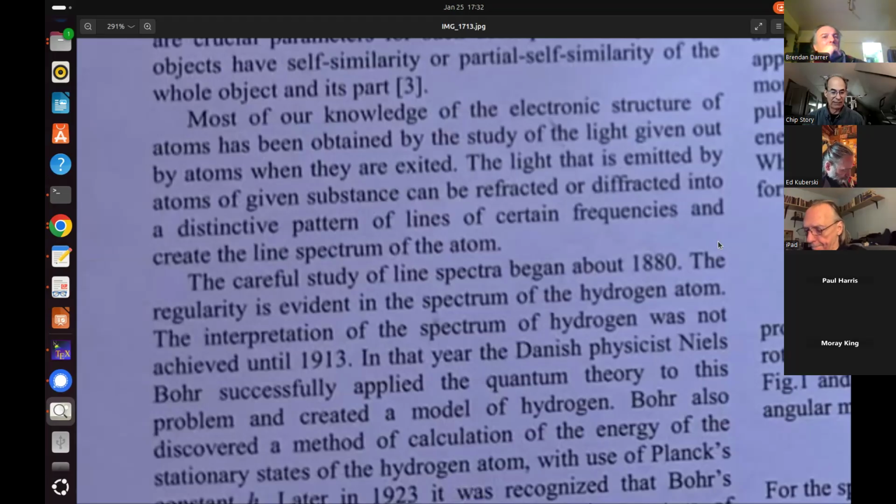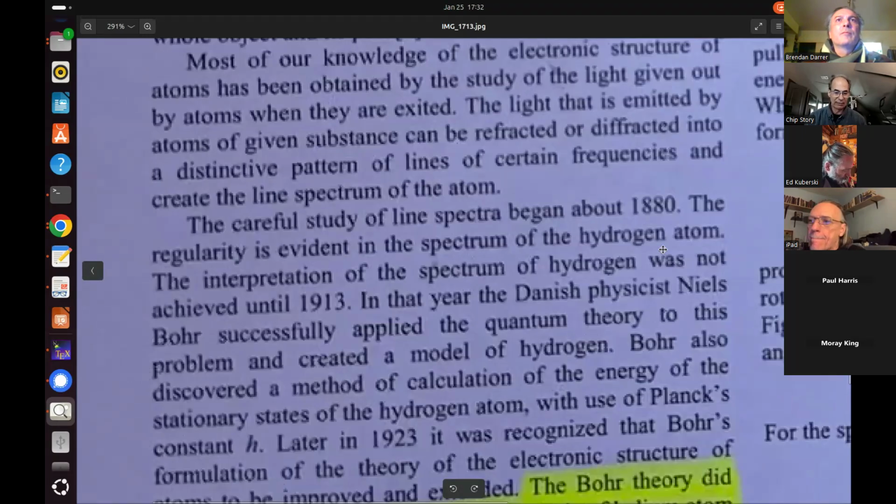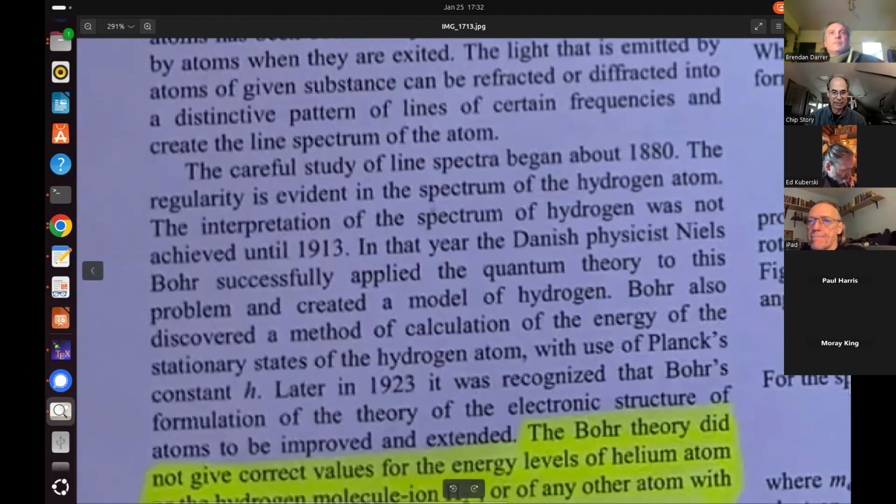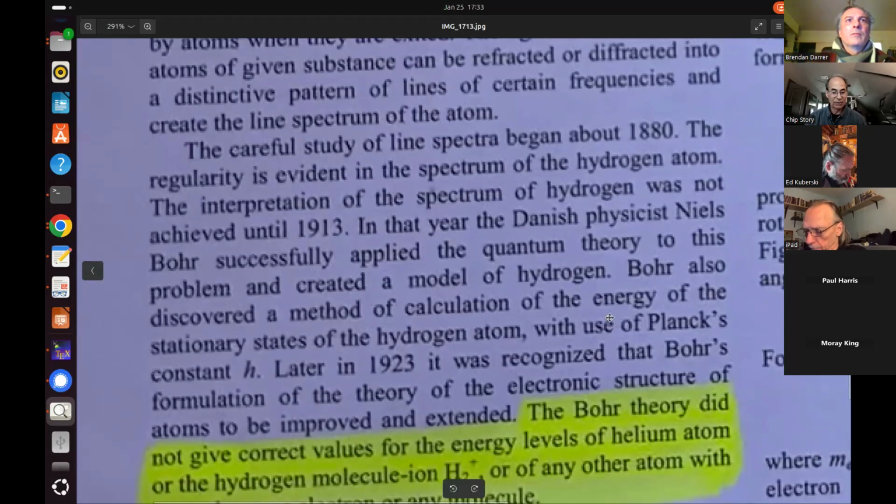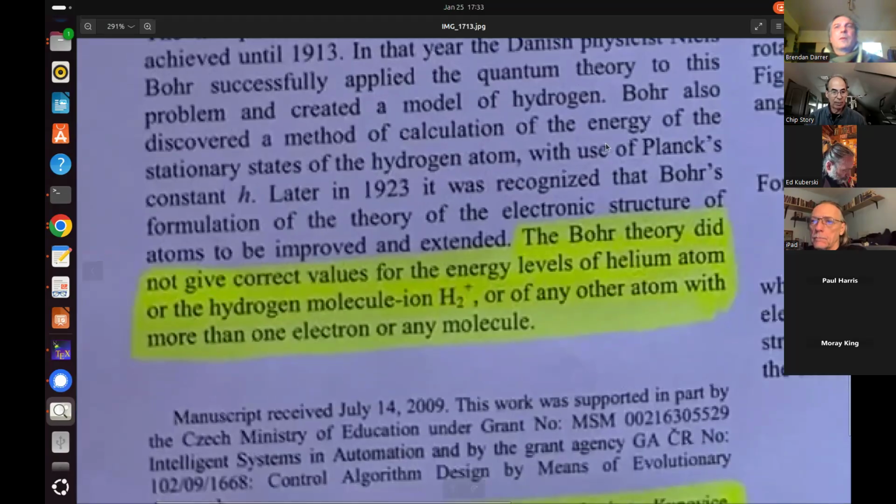The regularity is evident in the spectrum of the hydrogen atom. Interpretation of the spectrum of hydrogen was not achieved till 1913. In that year, the Danish physicist Niels Bohr successfully applied the quantum theory to this problem and created a model of hydrogen. Bohr also discovered a method of calculation of the energy of the stationary states of the hydrogen atom with use of Planck's constant h.